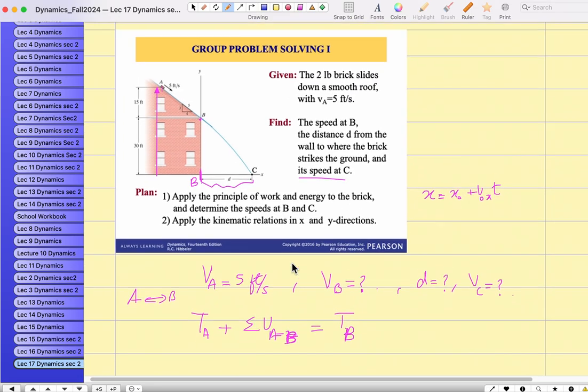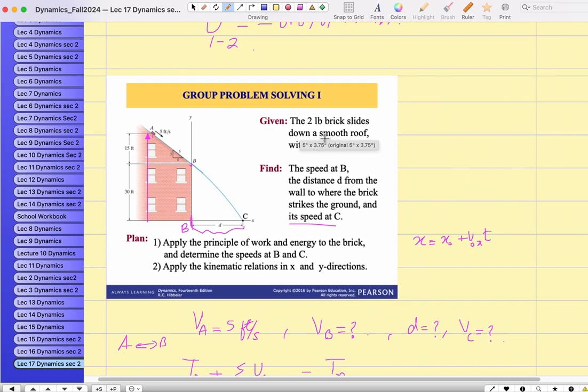Now this is a smooth roof, so there is no friction present, so the only force acting on it is gravity, the weight acting downward.